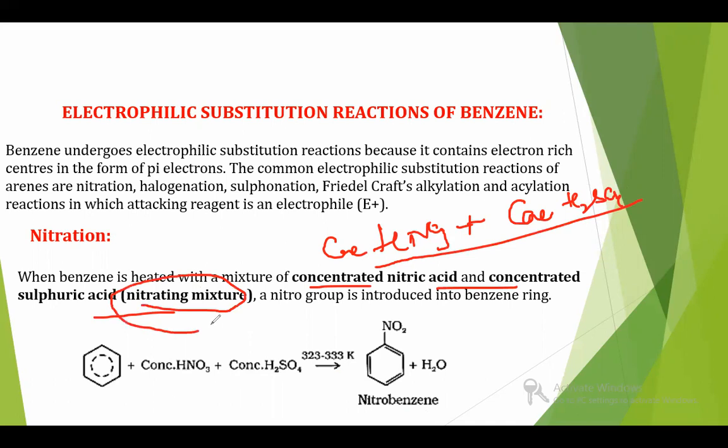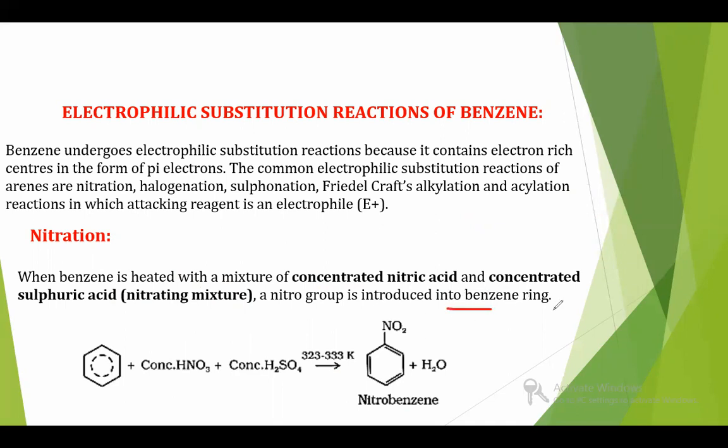Within brackets, I write the nitrating mixture, and the NO2 nitro group is introduced into the benzene ring. So benzene plus concentrated HNO3 and H2SO4 gives nitrobenzene. This is the first one. Which type of reaction is it? Electrophilic substitution reaction of benzene.